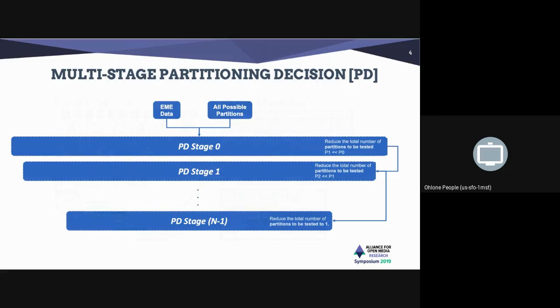SVT also uses multi-stage partitioning decision, where the complexity of each stage increases going from the first stage to the next stage, while the number of partitions to be tested is reduced in a big way.